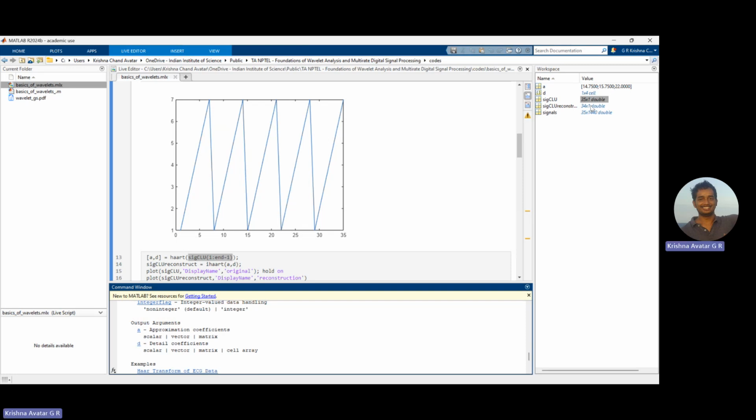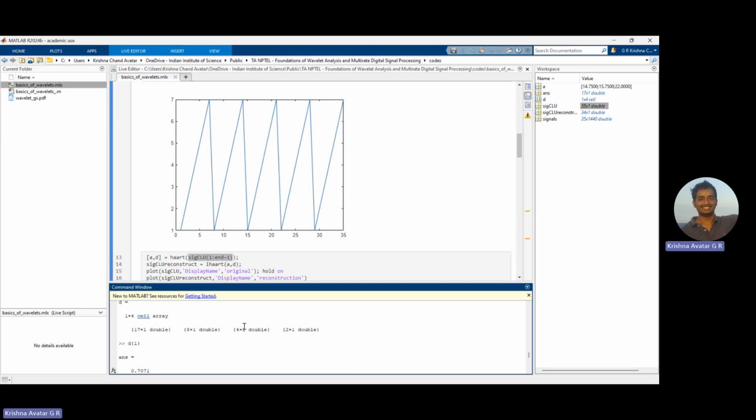Right. So here you see that when I type A, enter, it gives us these three arguments, right? And A gives us the approximation coefficients, and D is the detail coefficients. And D, as you see, is a cell array, and we can access it cell-wise in all the elements, right?